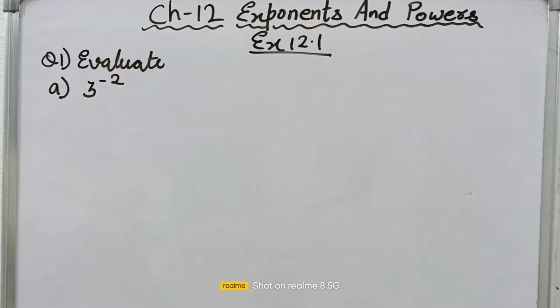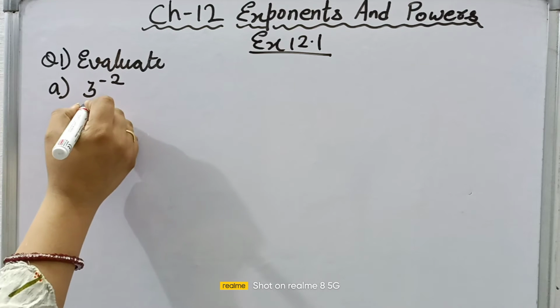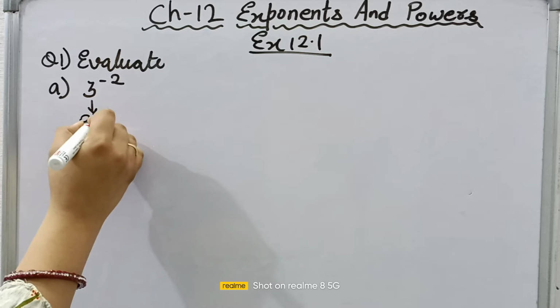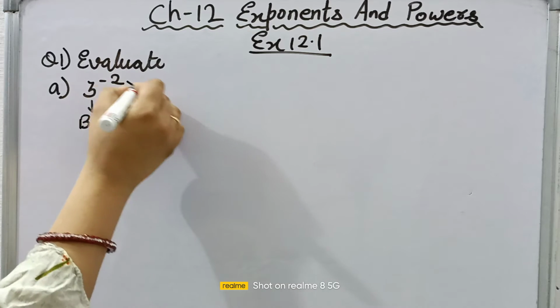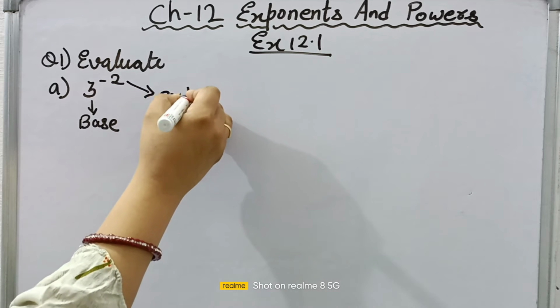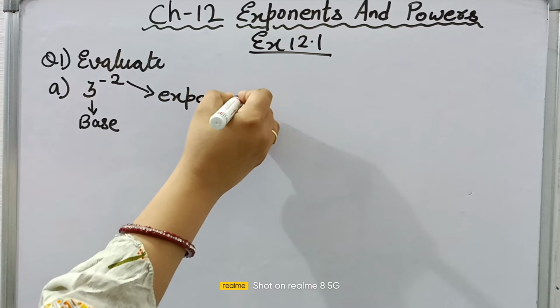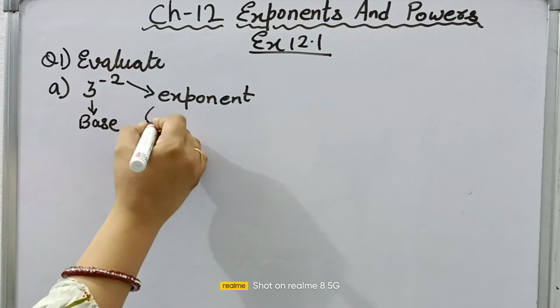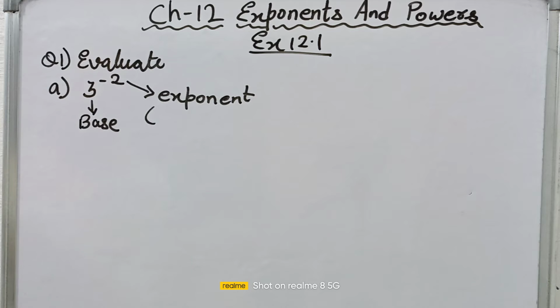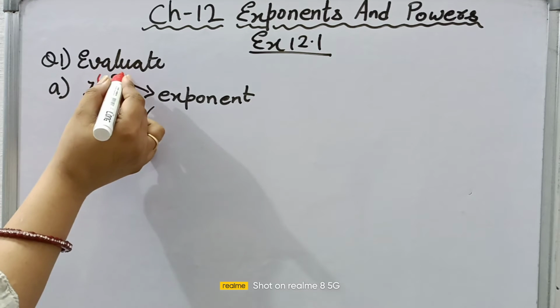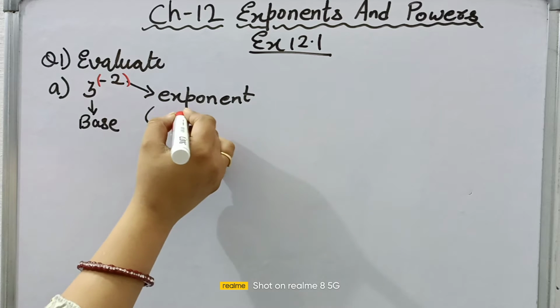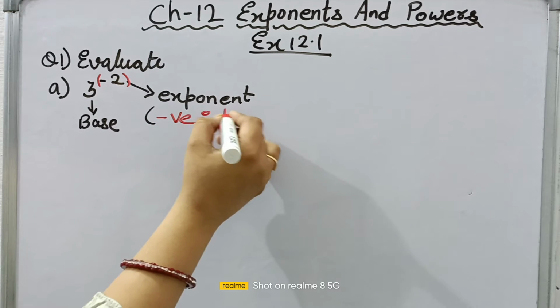This is our first question and we can see 3 is base and this is exponent, and this exponent is a negative integer because this minus 2 is a negative integer.